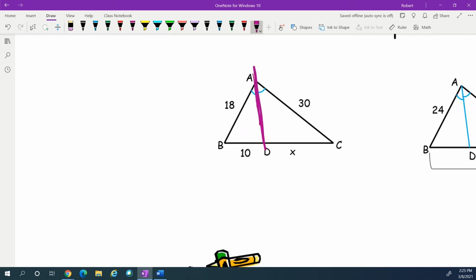If we look at this first one, here's our angle bisector. Here's our two fractions. 18 over 10, 30 over x. 18x equals 300, and then we'll divide 300 by 18, and we get 16.7.